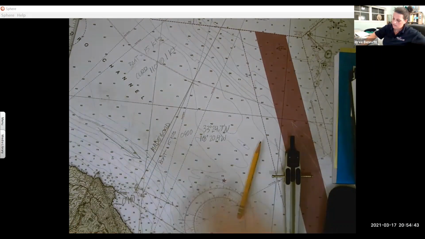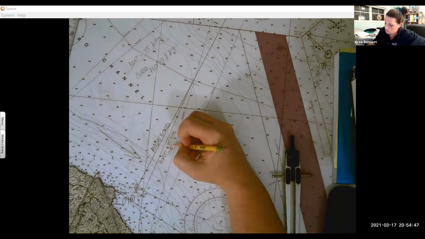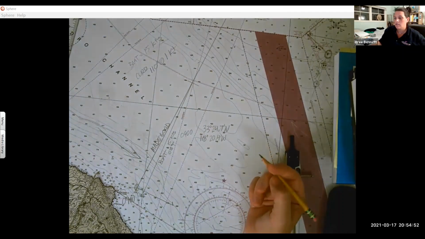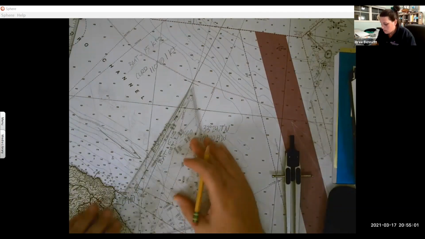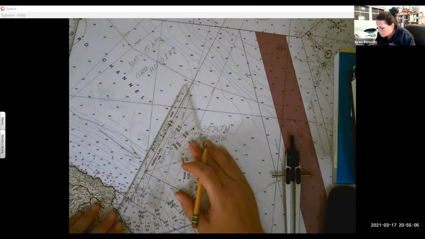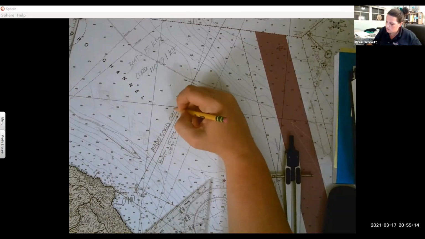018. 018 degrees true is my boat line. We'll see what my made good line was. I'll just write it in. 0 to 1 degrees.